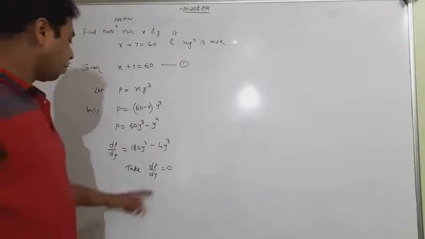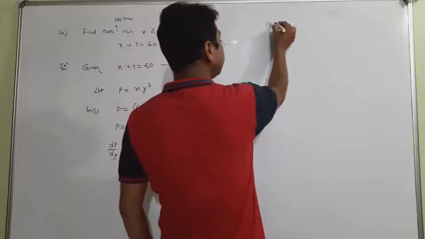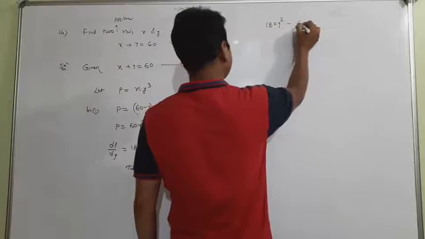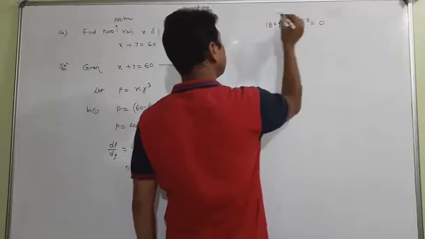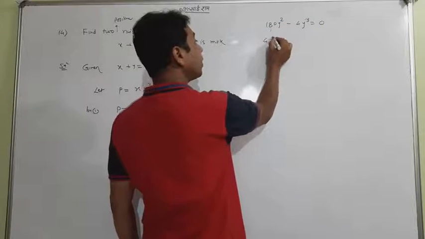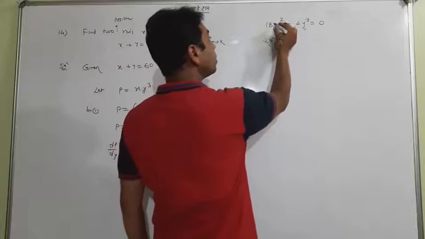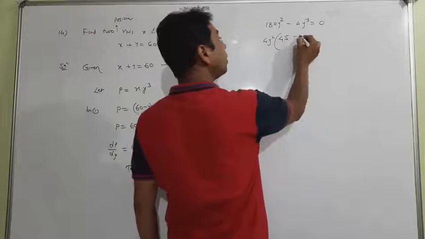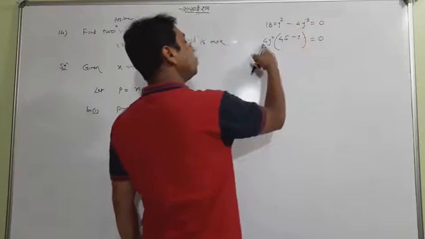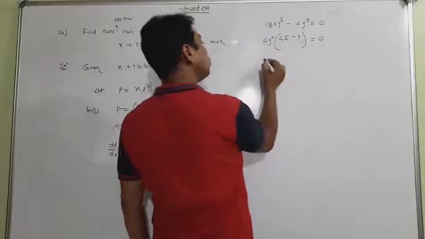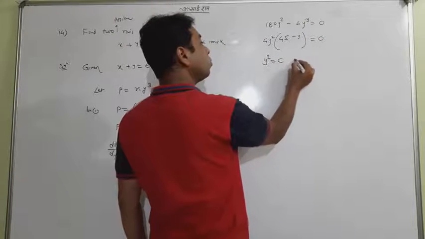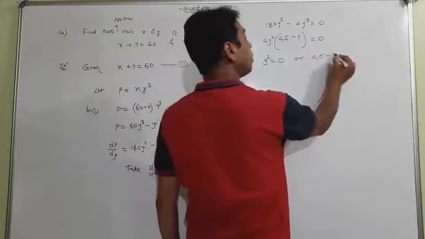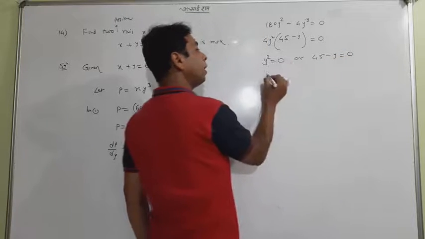Now dp by dy is equal to 0: 180 y square minus 4 y cube is equal to 0. Take out the common factor, 4 y square. This is 45 minus y is equal to 0. 4 is a constant value and can be dropped. So we have the options y square equal to 0 or 45 minus y equal to 0.